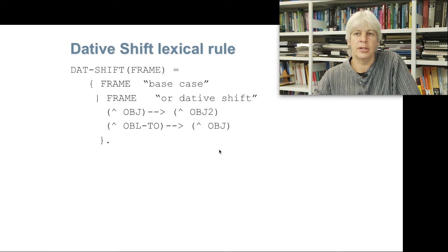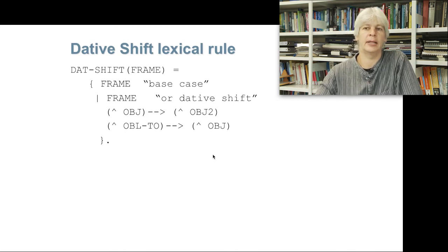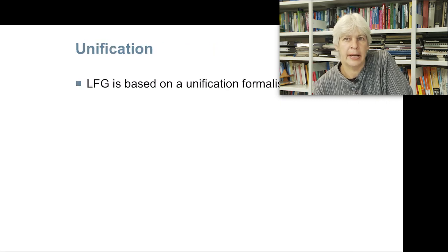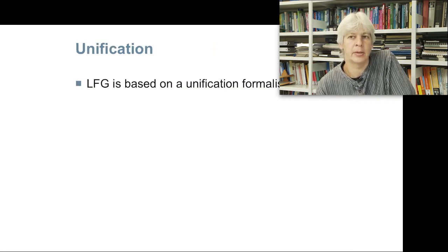Or you do dative shift and the object becomes an object 2 and the obl2 becomes an object. Okay, that's basically it, and you don't have to add anything more for the disjunctions. So that's basically what you should implement as part of your practical work. So remember this slide, and when it comes to that part of the practical work, come back to this one and have a look at the rule.